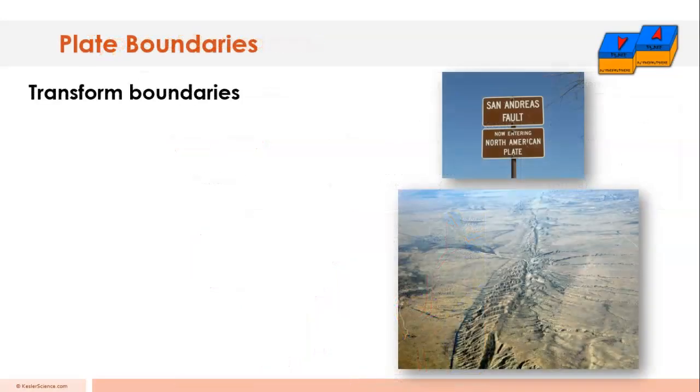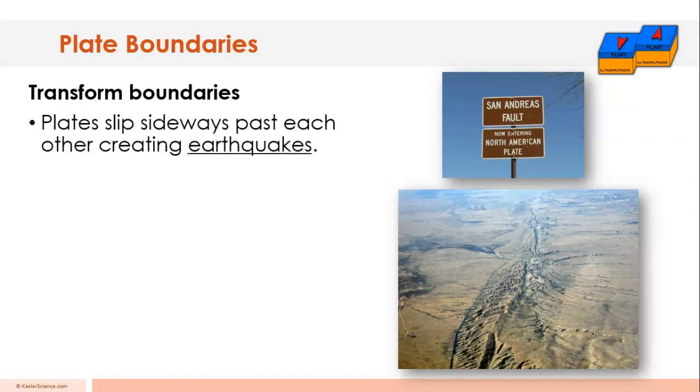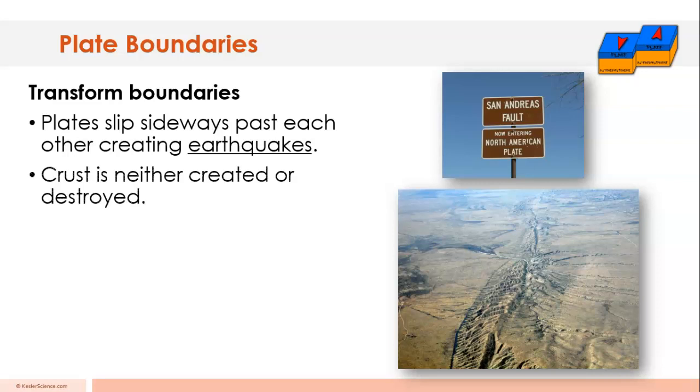Next, we're going to take a look at transform boundaries. Those are the sliding plates. The plates slip sideways past each other. It creates a lot of earthquakes. Not to say that there aren't other plate boundaries where earthquakes happen, but you definitely are going to experience earthquakes along a transform boundary where the plates are slipping past each other.